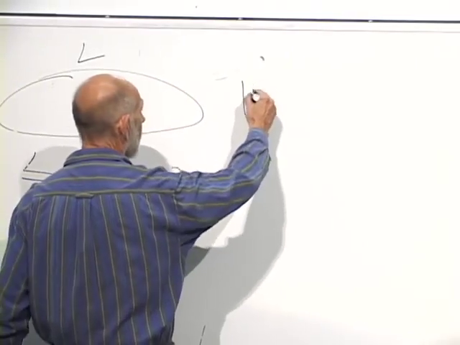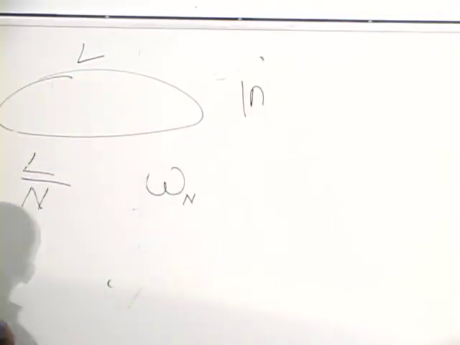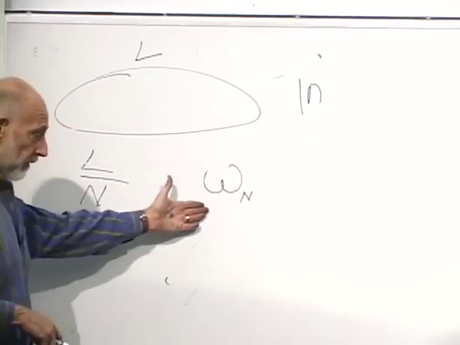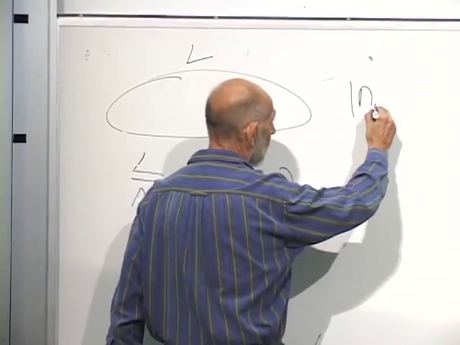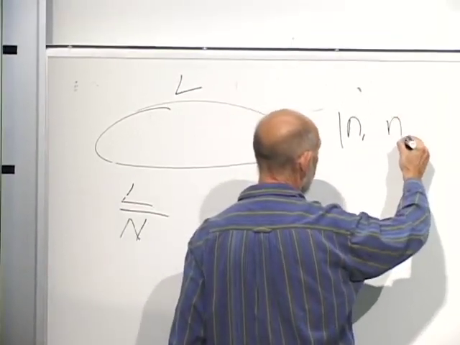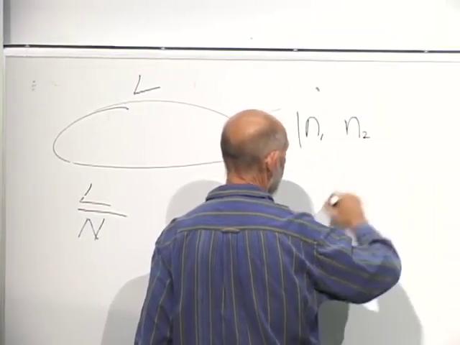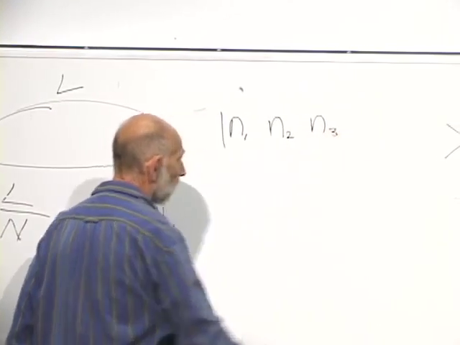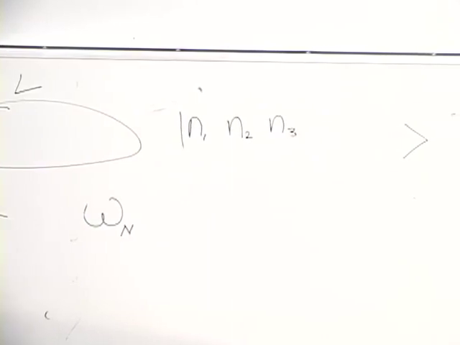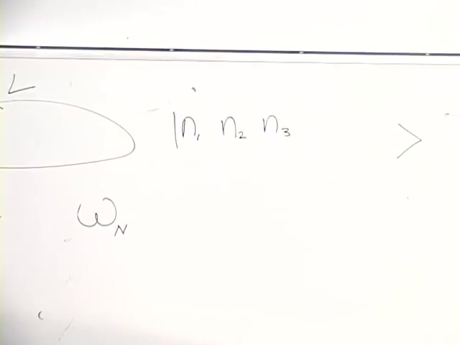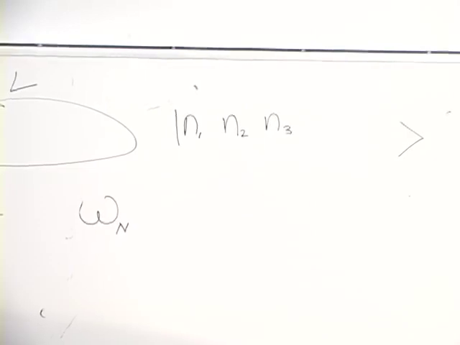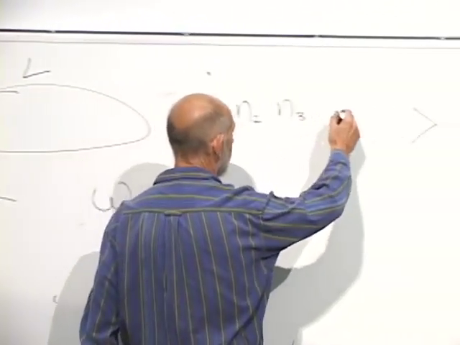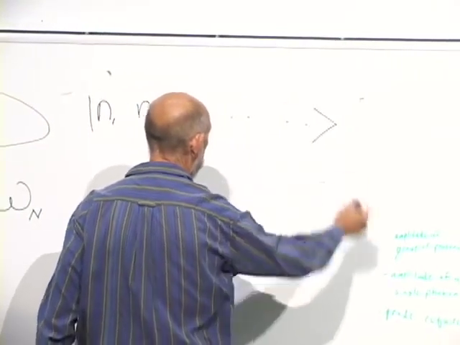The number of quanta with the lowest frequency, whatever it is, or n1, the number of quanta with frequency n2, or the number of quanta with the third frequency, and so forth, and on for infinity, forever.